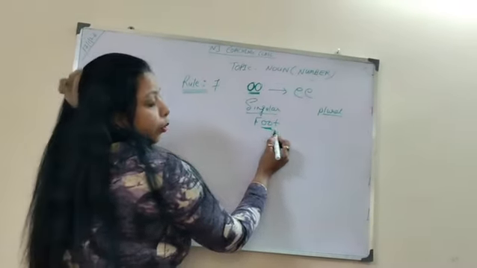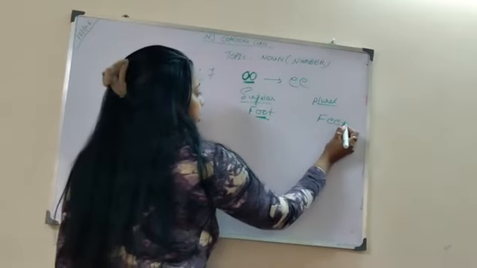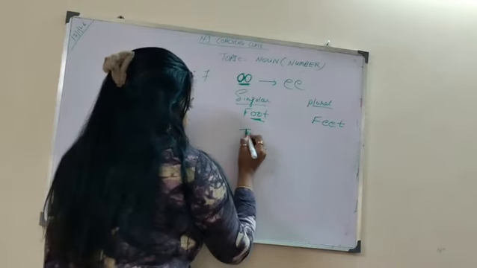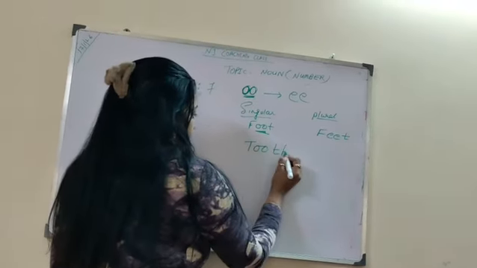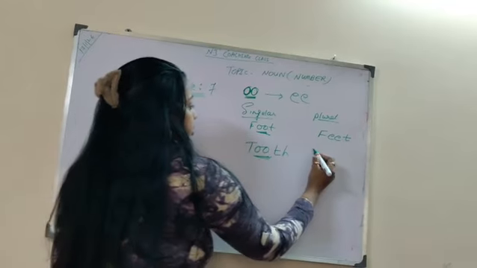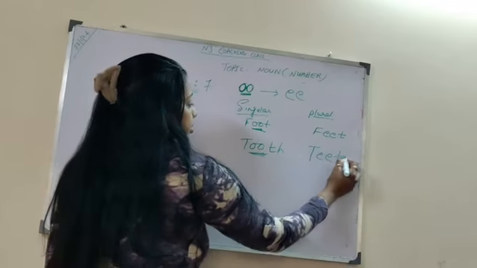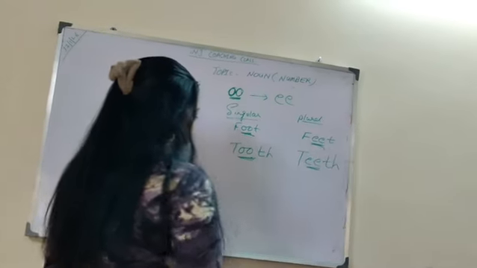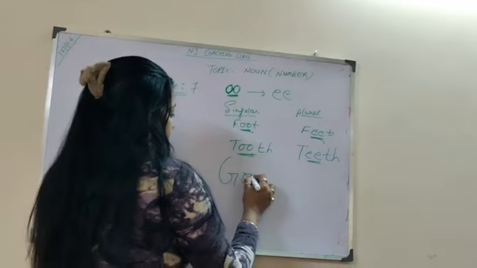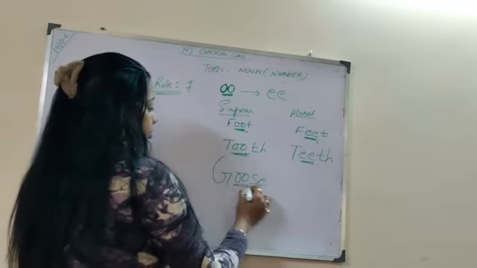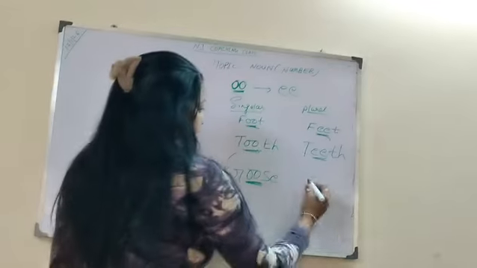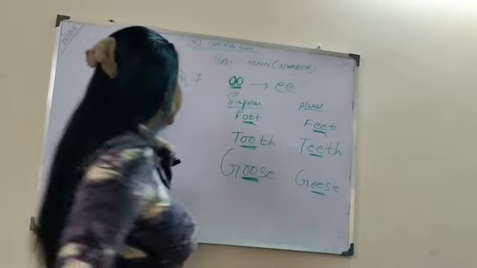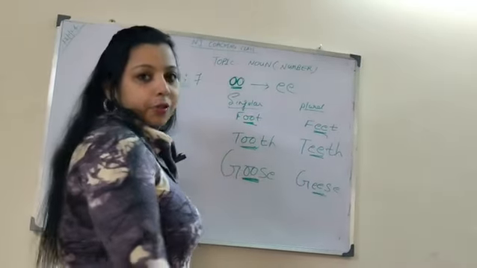See there is double O, so there will be double E. Okay, if I say tooth, see double O, so this double O will be removed and replaced by double E. Likewise, see double O, this double O will be removed and replaced. This is very simple. Okay, so these were the various rules.